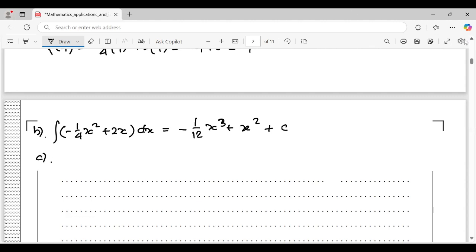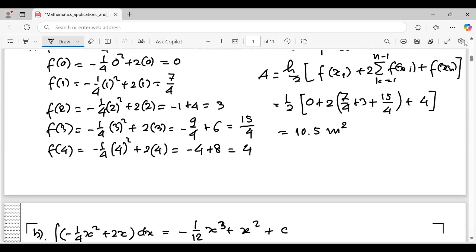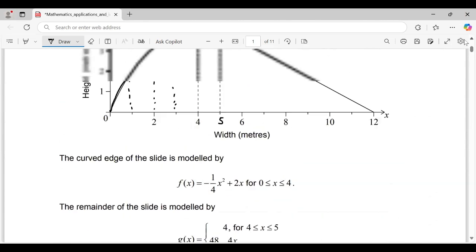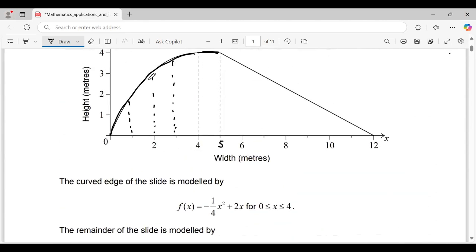Question C. Calculate the exact area under the entire model of the slide for 0 to 12. So we are going to find the area under this graph. Okay, 0 to 4, 4 to 5, 5 to 12.